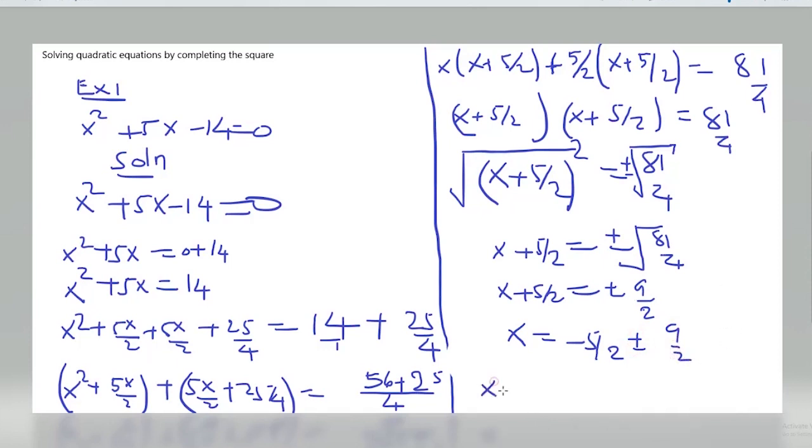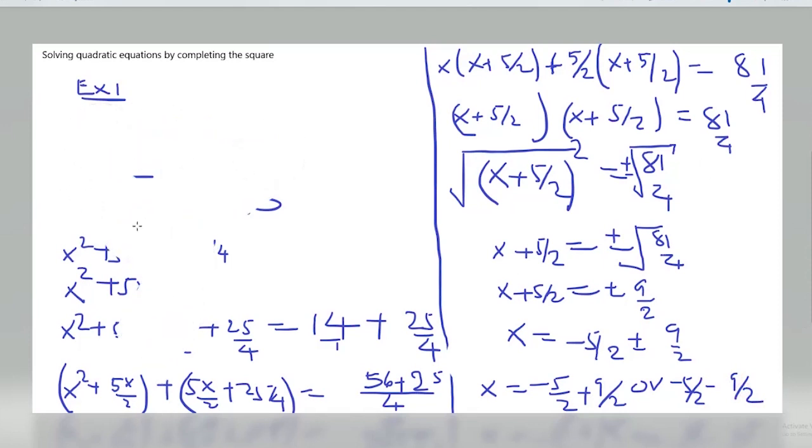This means negative 5 over 2 plus 9 over 2, where I'm splitting the plus or minus. I've used the plus, then repeat the same process using the subtraction operation: negative 5 over 2 minus 9 over 2. Now let us finish up the question.